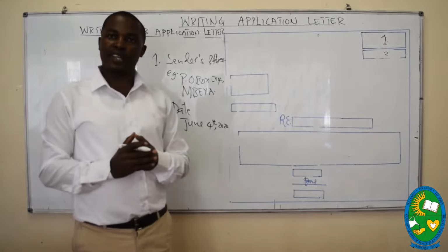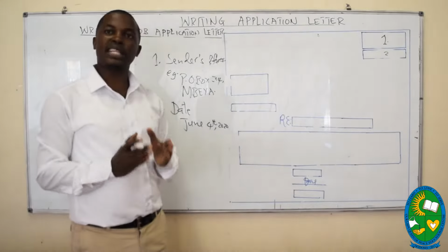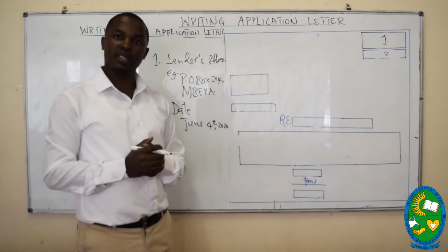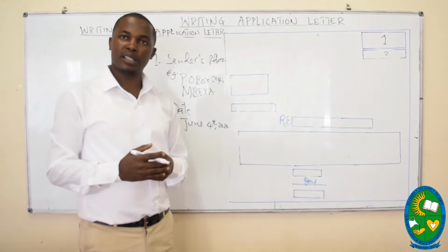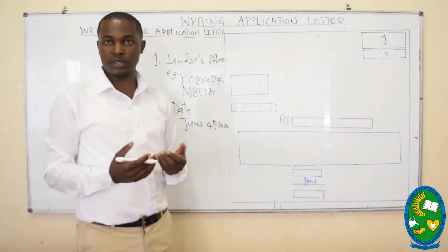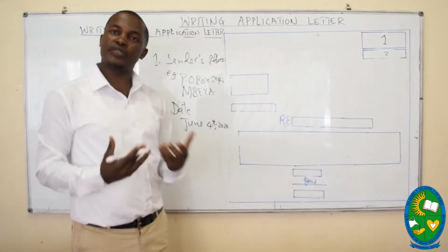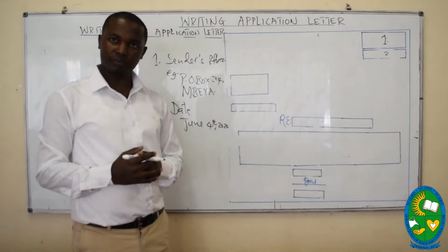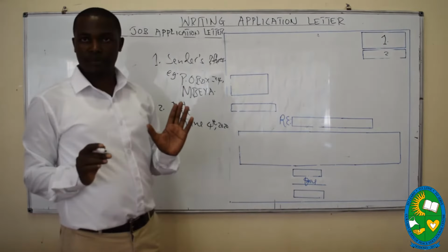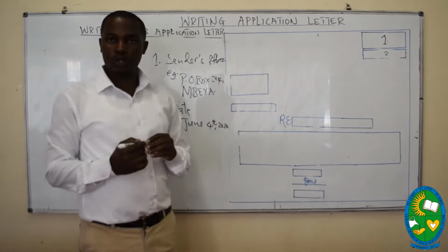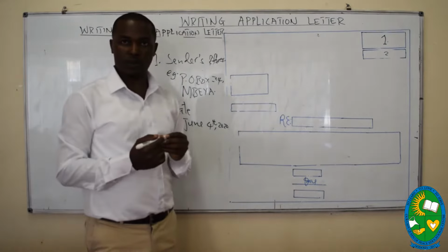And the receiver's address normally starts with the title of the employer. Most of the employers are human resource managers, followed by the address of an organization. And also remember to use punctuation marks while writing it.